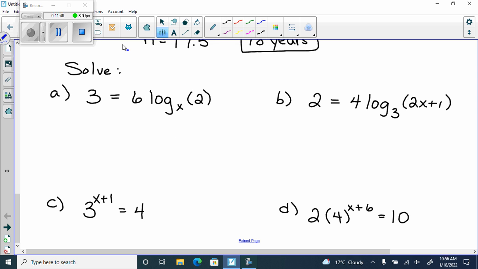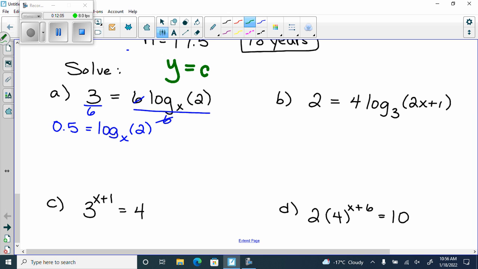So here, what's the first thing I have to do for A? Divide by 6. So I get 1/2 or 0.5 equals log base x of 2. And then I have to convert to exponential, right? So the formula for exponential conversion is y equals a to the x becomes x equals log base a of y.